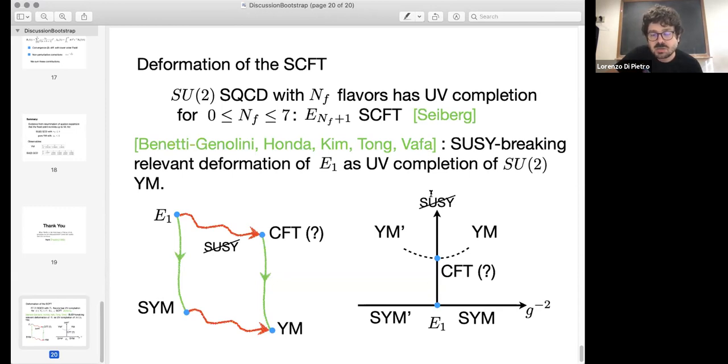And then there is a supersymmetry breaking deformation. What these authors show is that with this deformation, we can flow from super Yang-Mills to Yang-Mills on both ends of this phase diagram. And there is a U(1) times U(1) global symmetry.